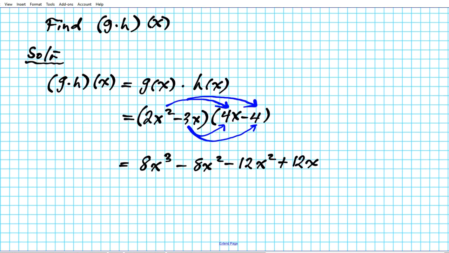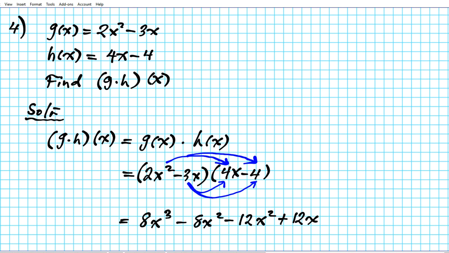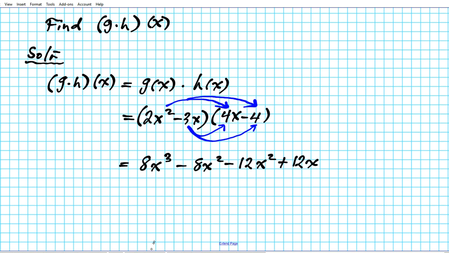Now let's go ahead and simplify. We're going to combine like terms. So what are we going to have? 8x cubed. That's the first one. That basically is the only third degree term that we have there.